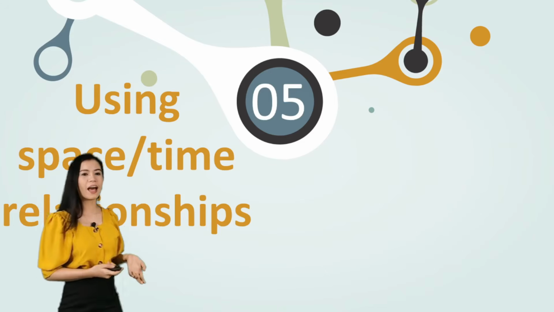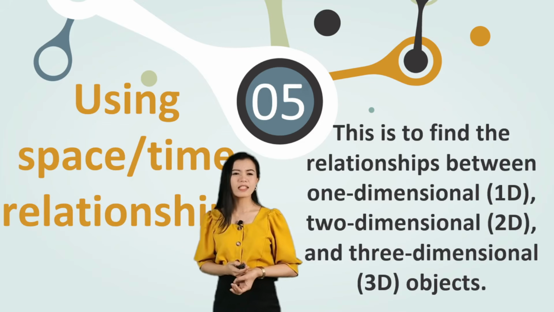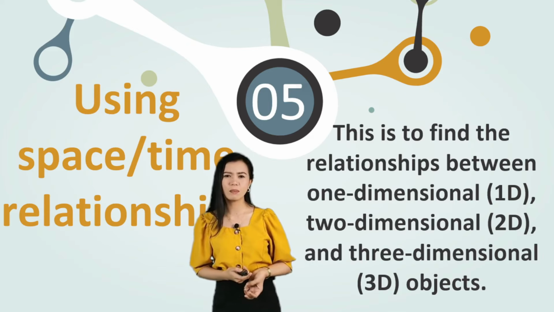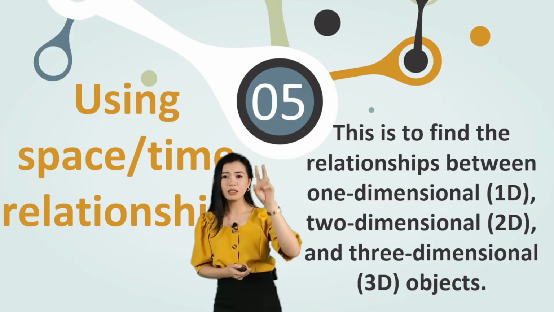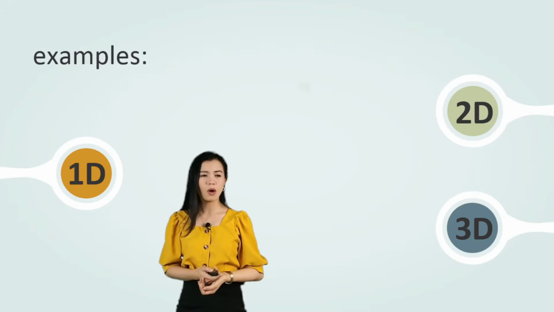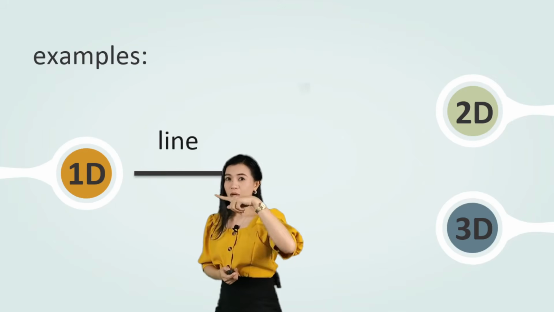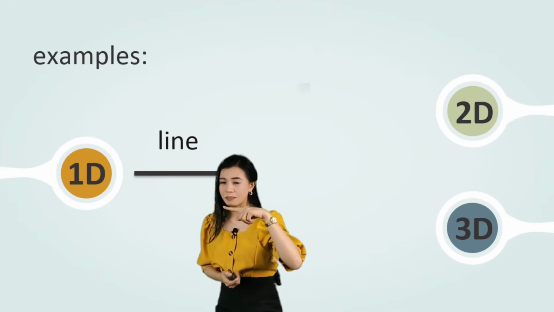Now we have using space or time relationship. This is to find the relationship between one-dimensional, two-dimensional, and three-dimensional objects. What are examples of one-dimensional objects? We have the line because it has only one dimension.